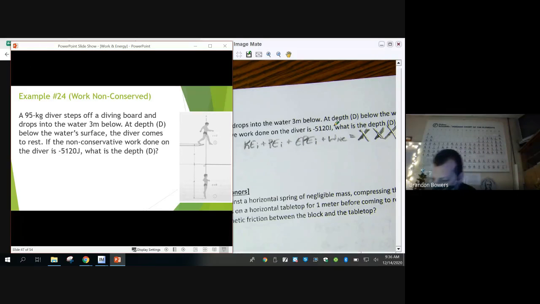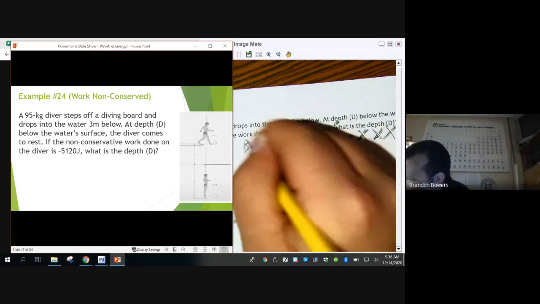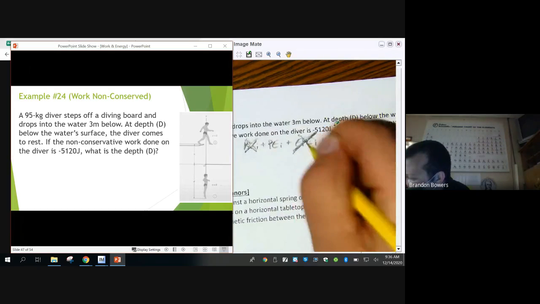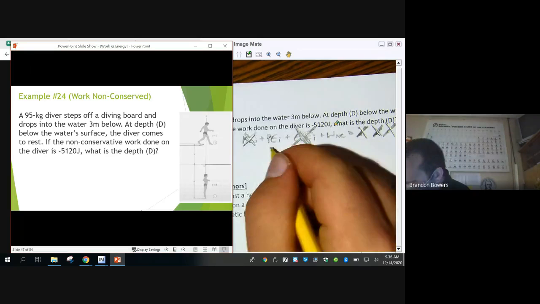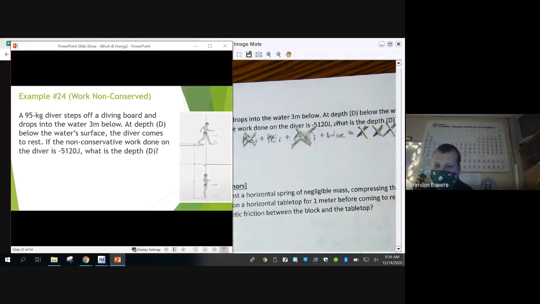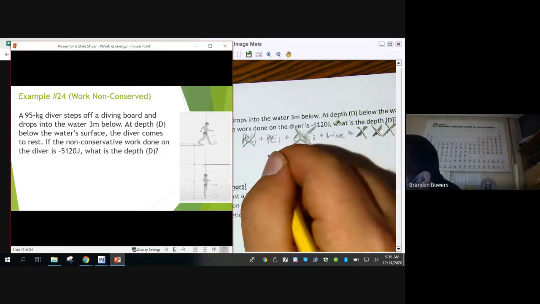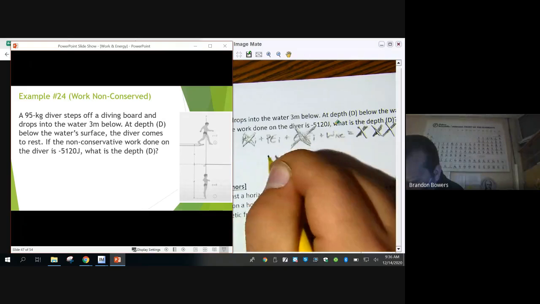Initially, he has potential. Does he have initial kinetic? No. And there's no springs involved. I like to see a lot of X's. I still have potential because he's on the diving board. So mass times gravity times height.